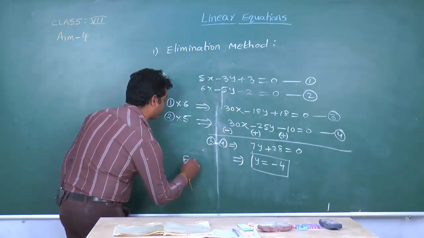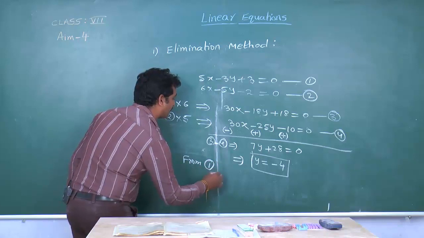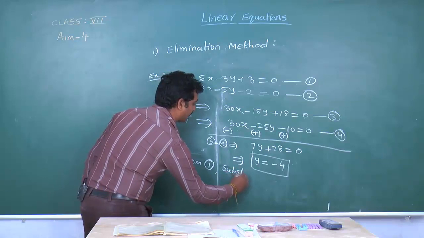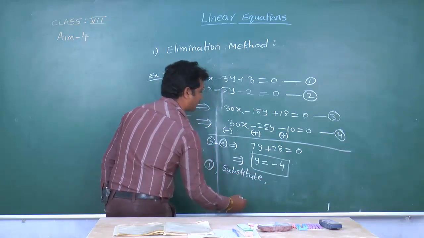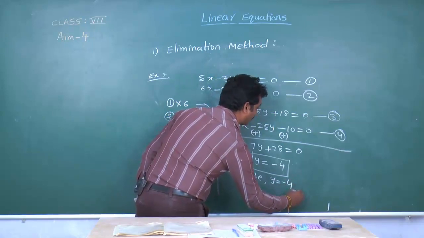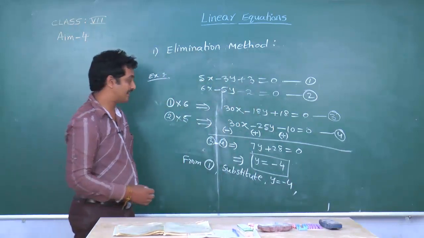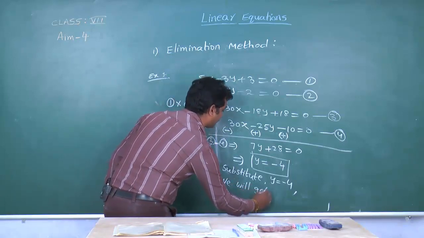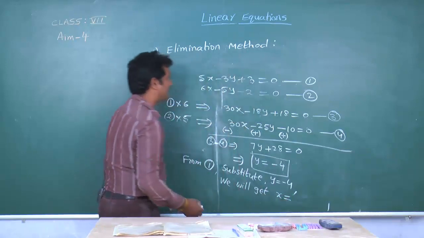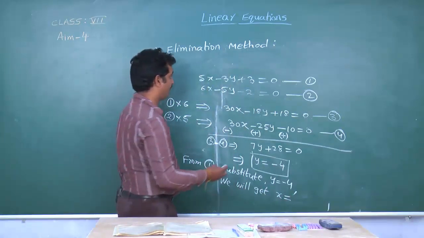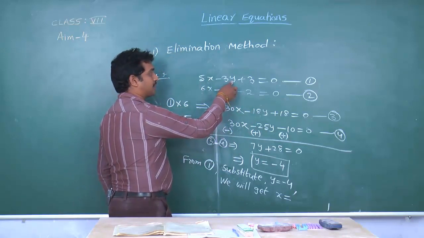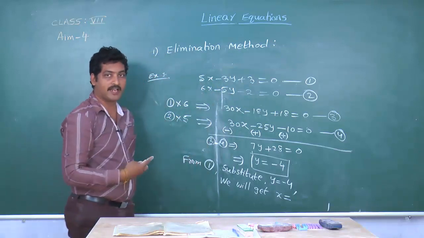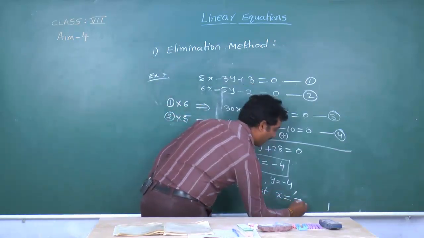From 1, substitute y equals to minus 4, we will get x is equal to... 3 into minus 4, minus 12, minus 12 plus 3, minus 9... 5x is equal to minus 15, x is equal to minus 3.